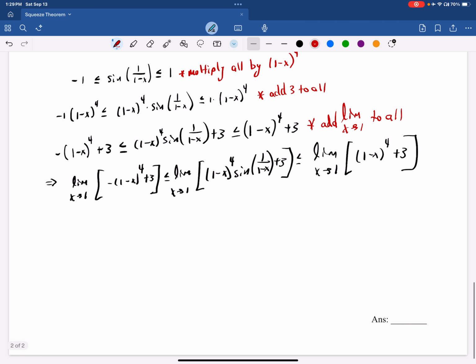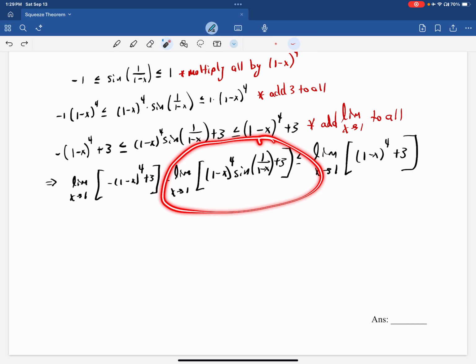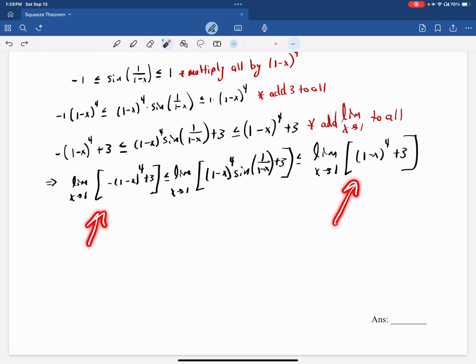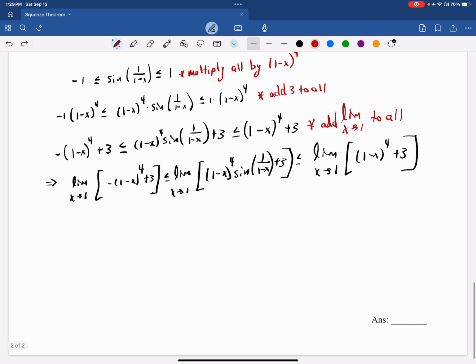Right? This is our goal. This is the original problem right here. I'm going to evaluate each one of these limits right here because those are polynomial functions. I'm going to evaluate them with direct substitution. So if I come in here and I want to evaluate just this right here, this would be a negative 1 minus 1 raised to the fourth power plus 3.